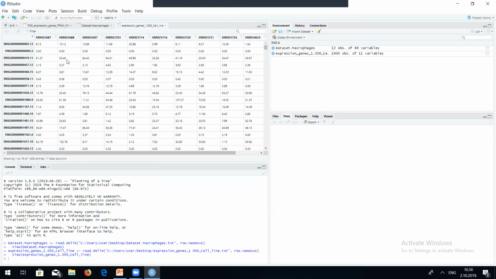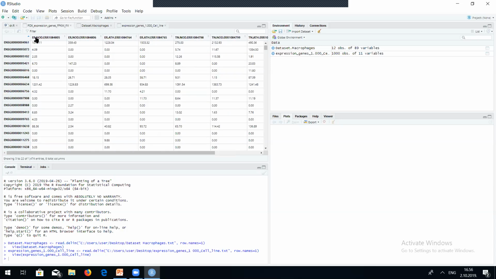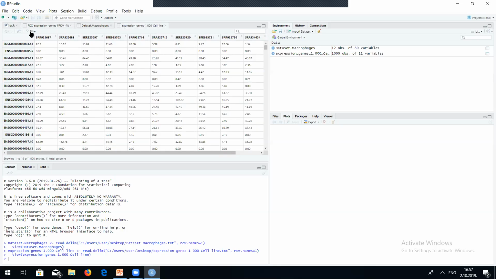But one thing is missing here compared to our previous session: we don't have categories, right? Here we have categories. We have ER nod, so it's not just a sample name, it tells us exactly what type of breast cancer it is. It's ER plus, or ATG and nod tell us that it's exactly that type of mouse model that the tumor was implanted in. But if I take a look at this SRR, it tells nothing, right? It's just the name of the sample that is created in databases like NCBI, for instance.